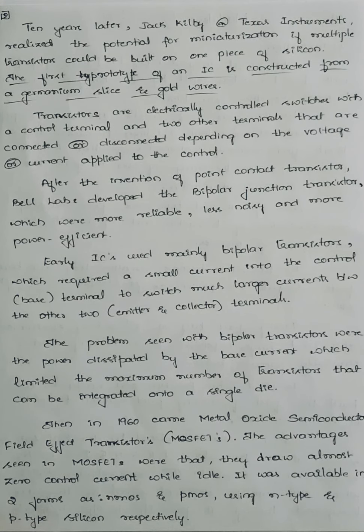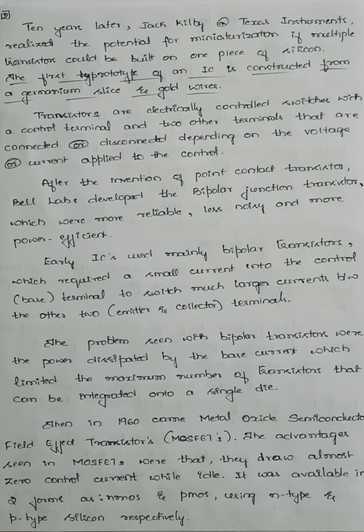After the invention of the point contact transistor, Bell Labs developed the bipolar junction transistor, which we call BJTs, which were more reliable, less noisy, and more power efficient. In the earlier stages, integrated circuits were mainly bipolar transistors, which required a small current into the control terminal, called the base, to control much larger currents between the other two terminals, named the emitter and collector.